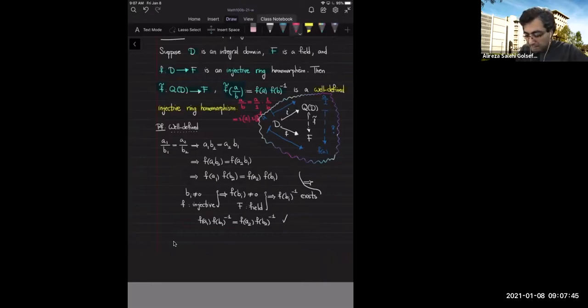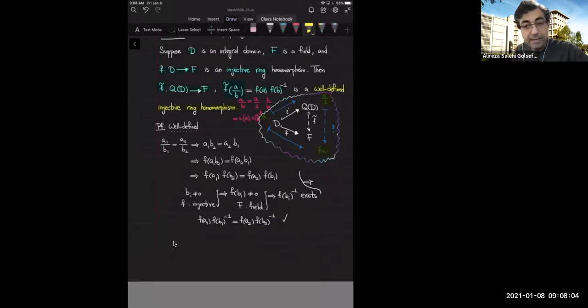If I start from an element A inside the integral domain and go via I, I end up at the fraction A over 1, or if I go via F, I end up getting F of A. It's the same as going to the fraction A over 1 and then using F tilde to go from the fraction A over 1 to the field F. I have to say why, because the way that we defined it, F tilde of A over 1 is F of A times F of 1 inverse.